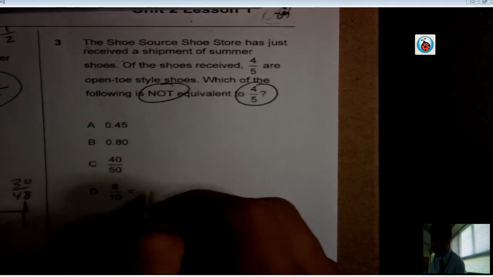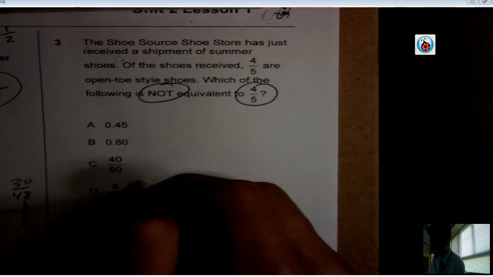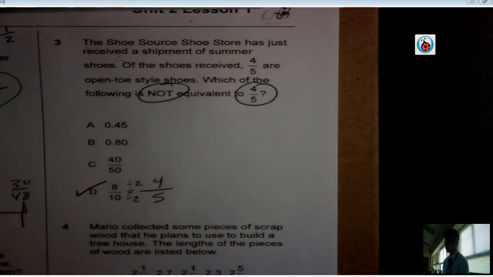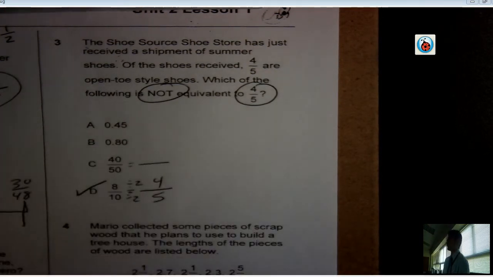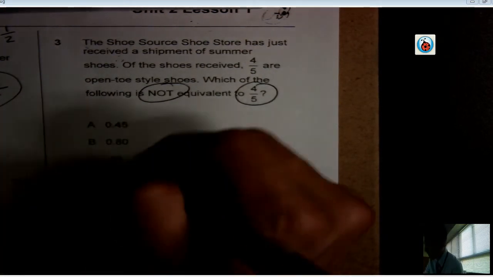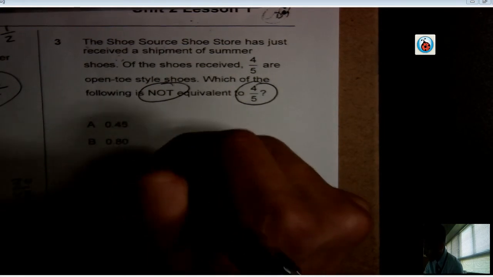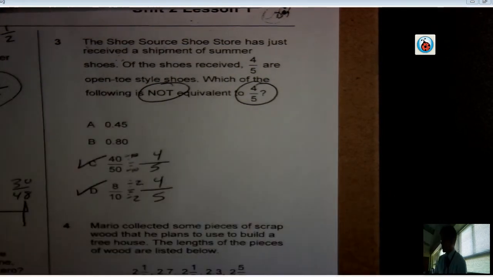Let's look at D. We know that you can divide 8/10 by 2 and get 4/5. So this one, check. That one does work. We're looking for the false answer. And D is true. How about 40 over 50? Can we simplify that to 4/5? Yeah, we can divide it by 10. So divide it by 10 and you get 4/5. And check. That's true.